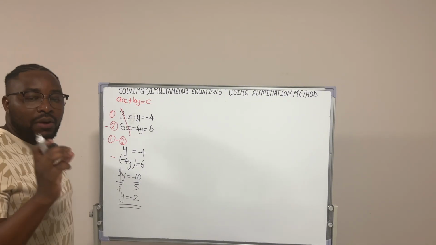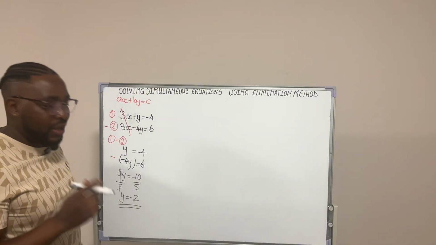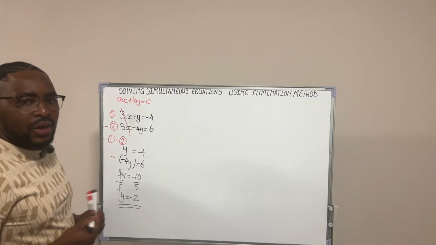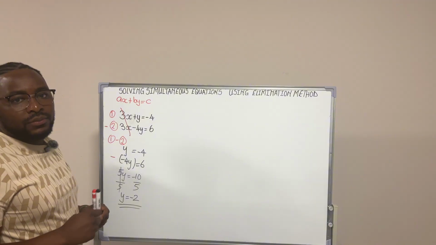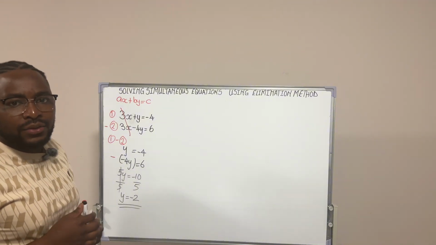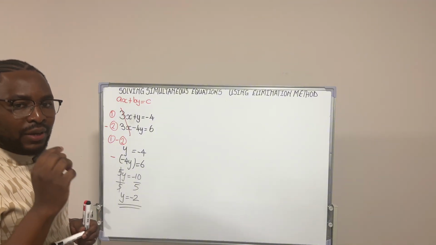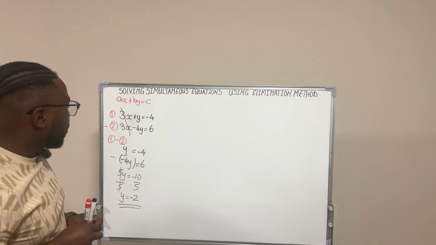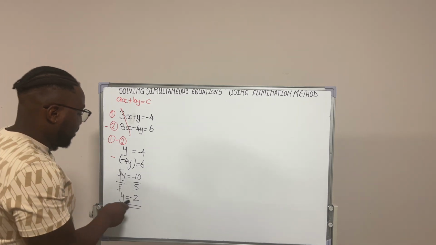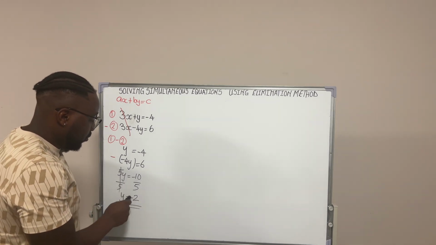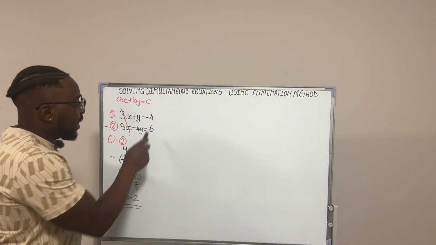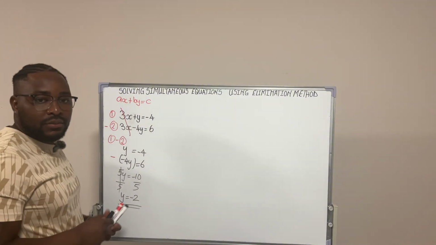So there we go. We have found our y value. Now our next step will be finding our x value. And how do we find that value? To find the x value, you just have to substitute your y value in any of the two equations.